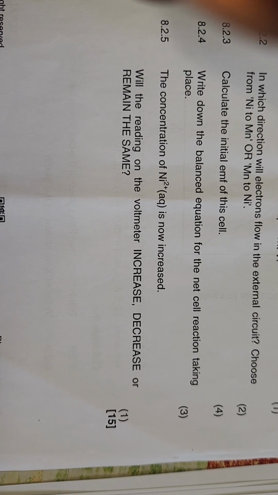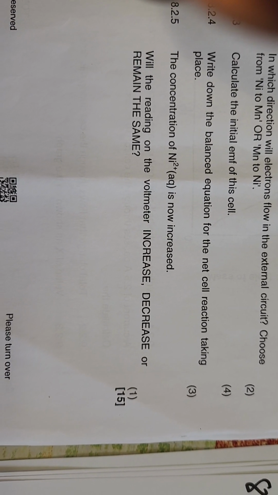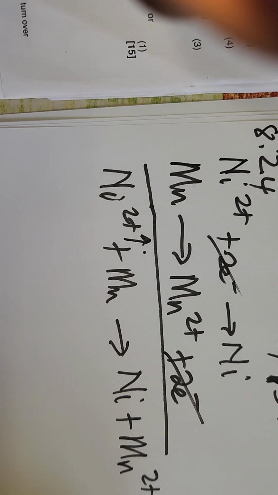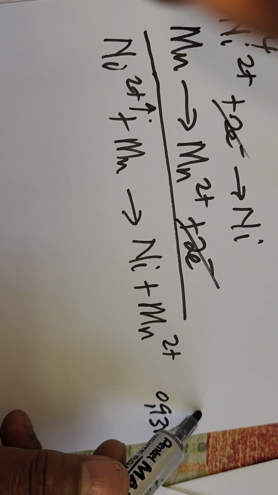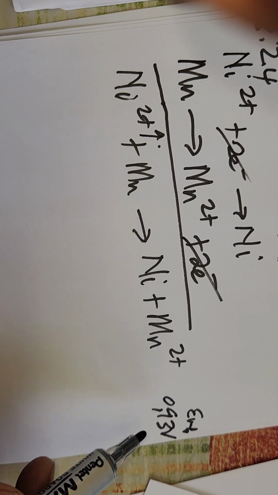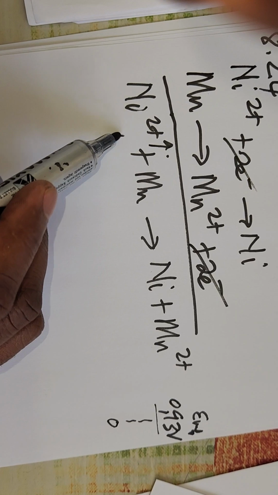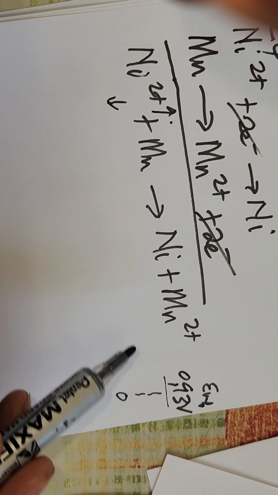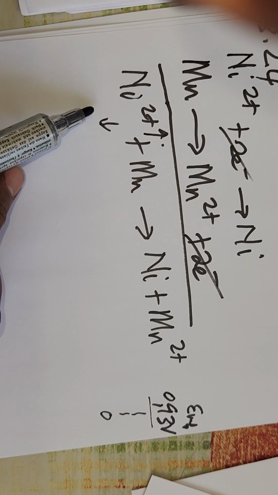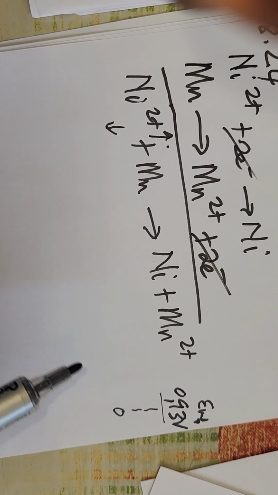The higher the concentration of the cathode half cell, the higher the EMF, because our EMF is 0.93 when we start the reaction. When the concentration of this one decreases, the EMF decreases. Therefore, the two are directly proportional, meaning the smaller the concentration of nickel ions, the smaller the EMF. The higher the concentration of nickel ions, the higher the EMF.